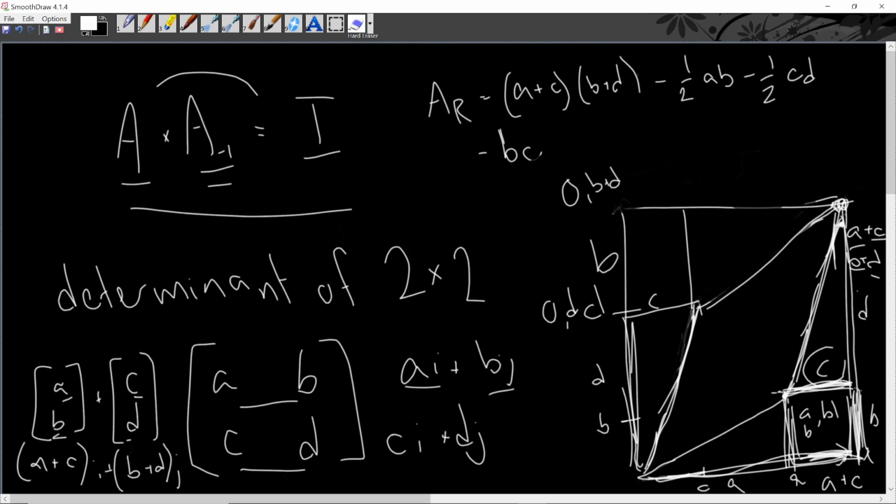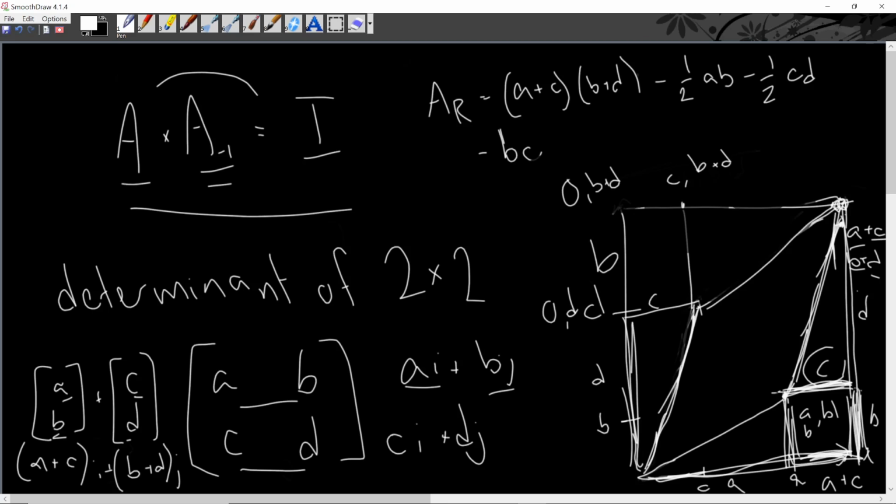And then we know that this point is going to be C, B plus D. This point is still A plus C, B plus D. So the distance between C and A plus C is going to be, wait, no, this distance is going to be A. We started at C. Let me write down what I'm saying so that I don't get tripped up.